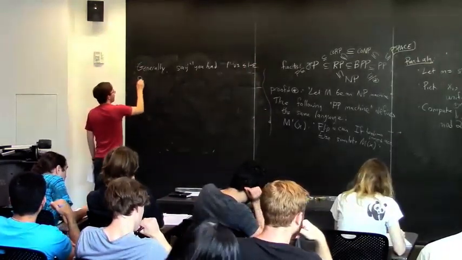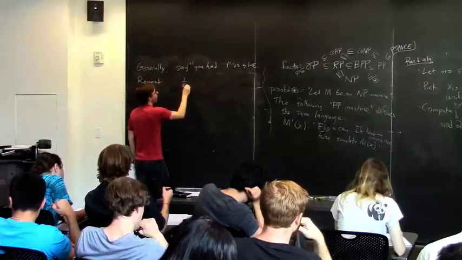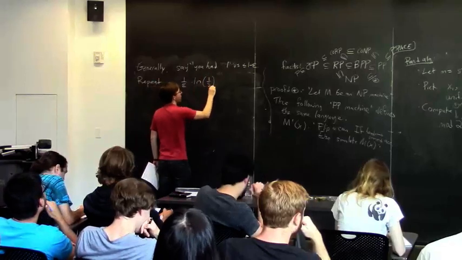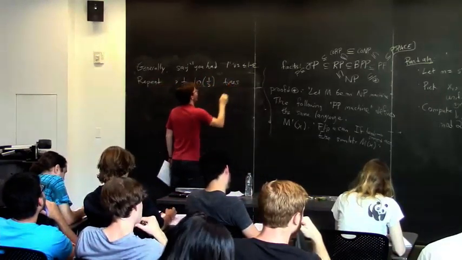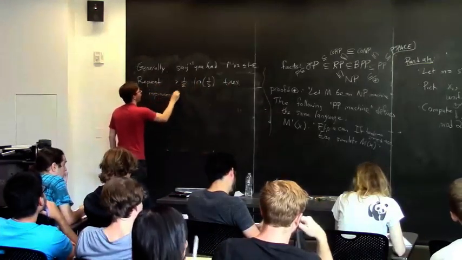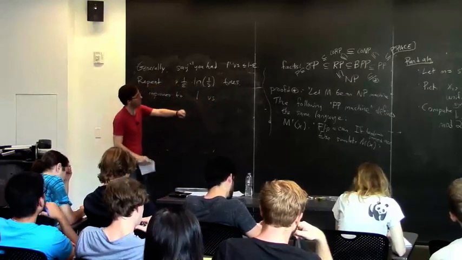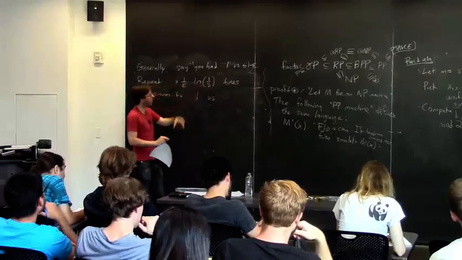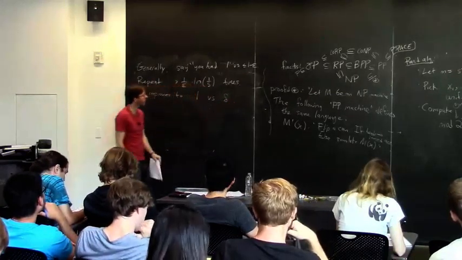If you repeat 1 over epsilon times ln 1 over delta times, then it improves to 1 versus delta, and we'll do that same e to the minus trick. So the epsilons kind of cancel. You get e to the minus ln 1 over delta. You get 1 versus delta.